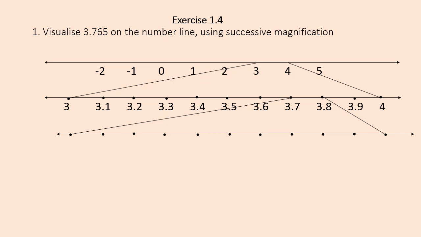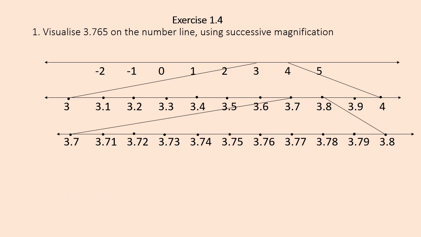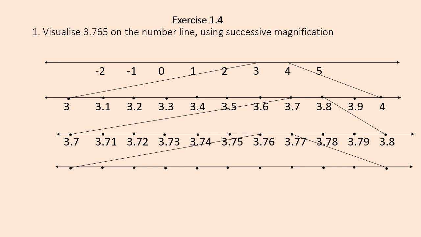Now you have to again divide that part into 10 equal parts and number them 3.7, 3.71, 3.72, etc., 3.8. Now the next number is 3.76. That means you have to magnify in between 3.76 and 3.77.